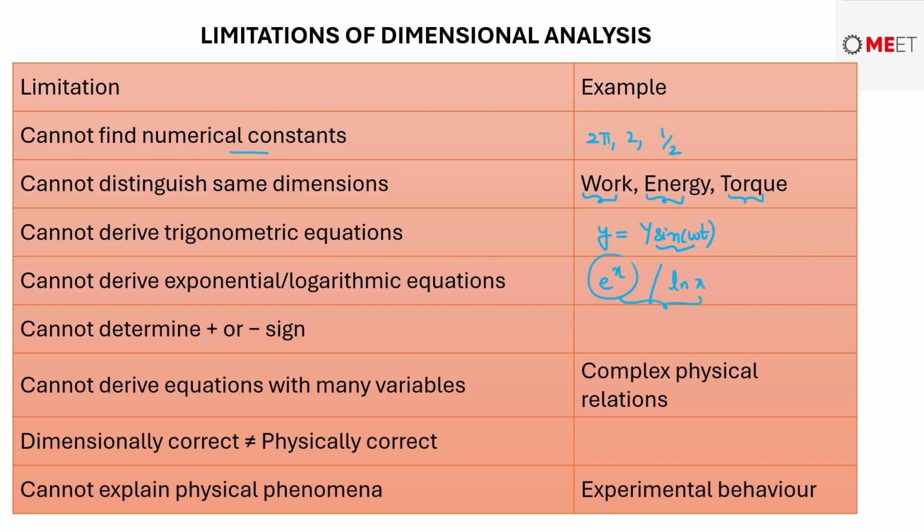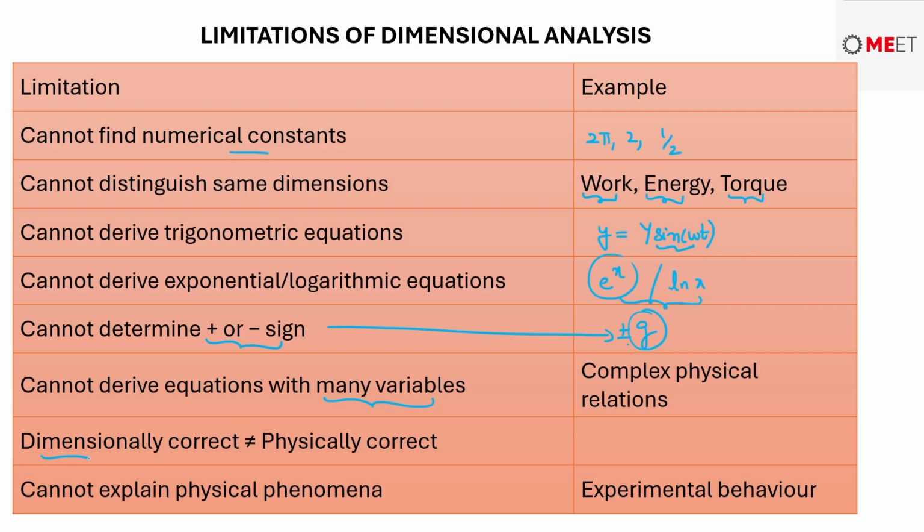Dimensional analysis cannot even predict the positive or negative sign. The positive or negative sign in case of g, that is acceleration due to gravity, is going to define the direction, as it is very essential. Next point is it cannot derive equations which have many variables.